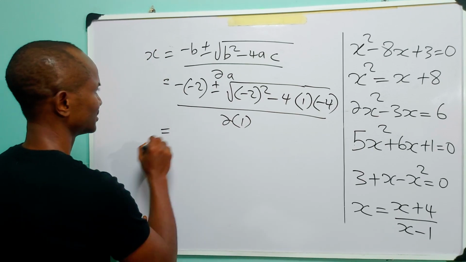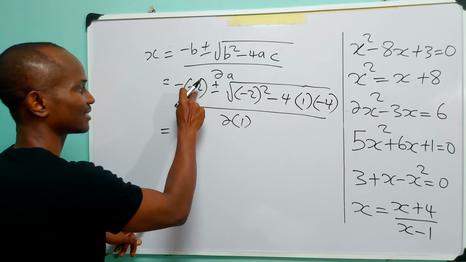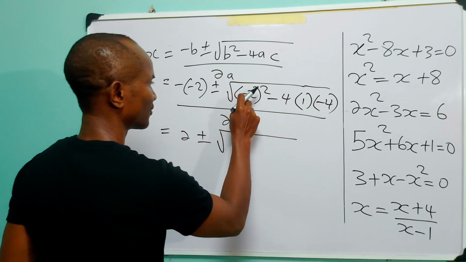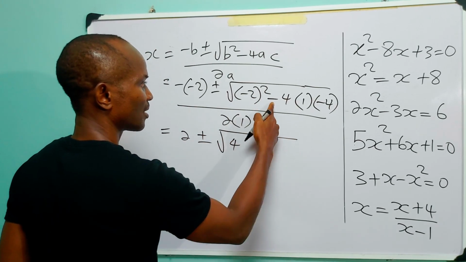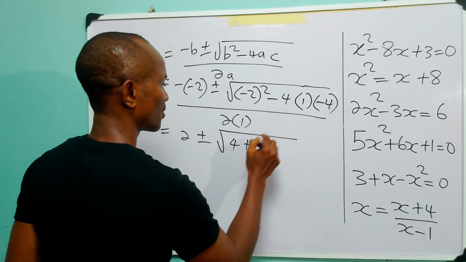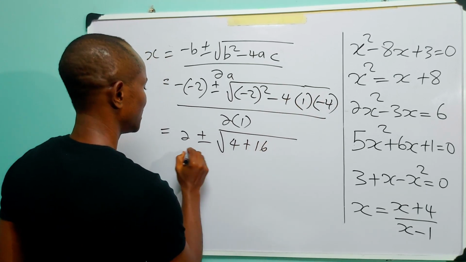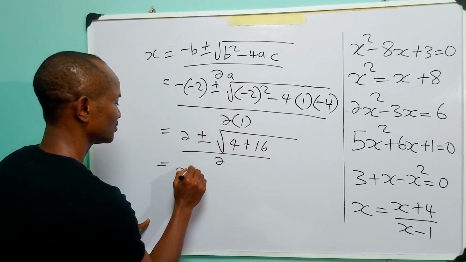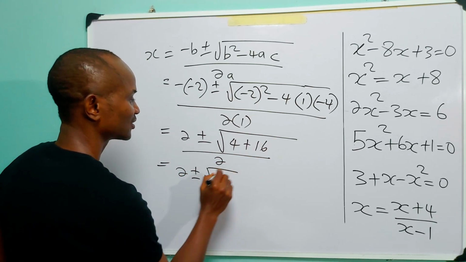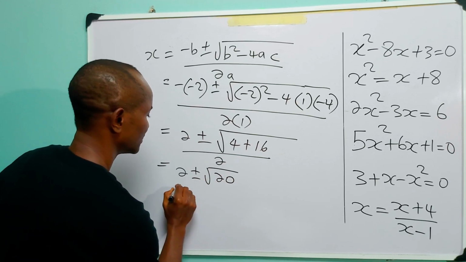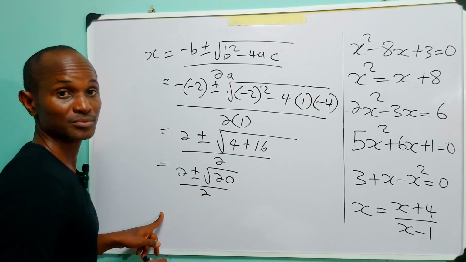So we have that this is equal to 2, because minus minus is plus, plus or minus the square root of this is 4, minus minus is plus, 4 times 4 is 16, divided by 2. This is equal to 2 plus or minus the square root of 20 divided by 2.